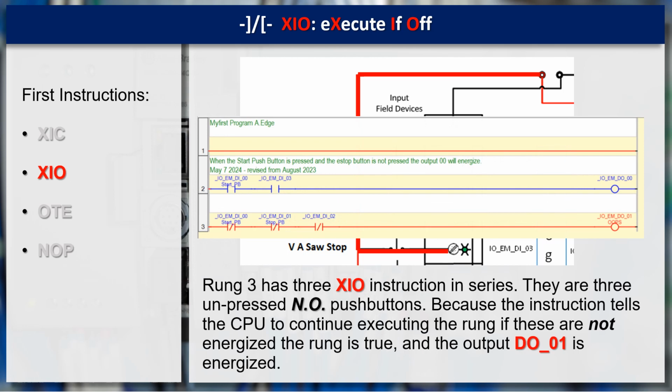Rung 3 has 3 XIO instructions in series. They are 3 unpressed, normally open push buttons. Because the instruction tells the CPU to continue executing the rung if these are not energized, the rung is true and the output DO01 is energized.